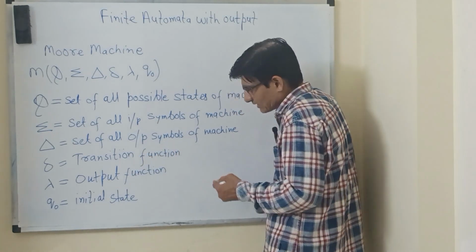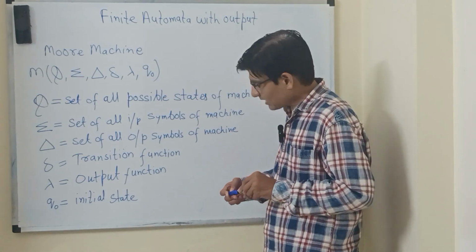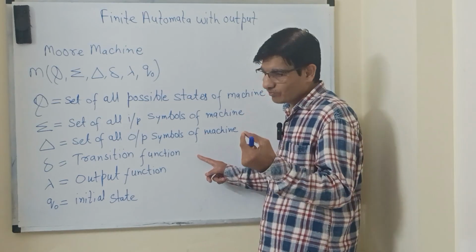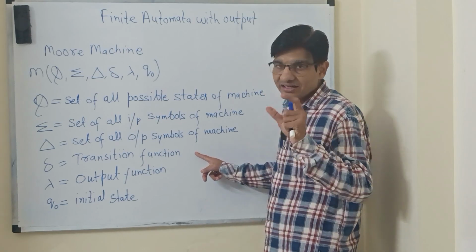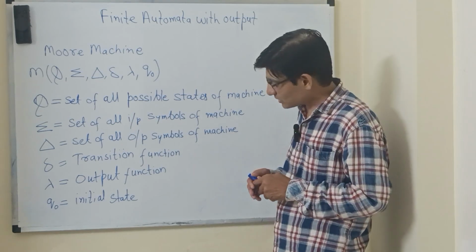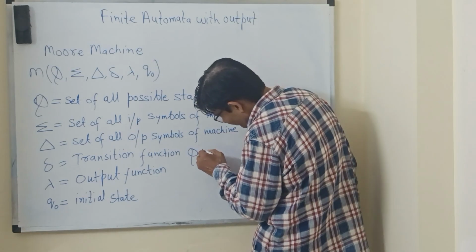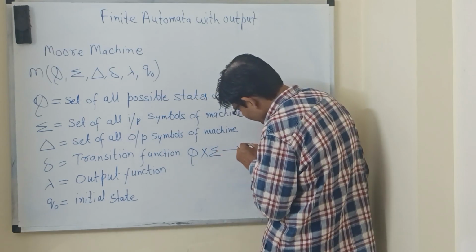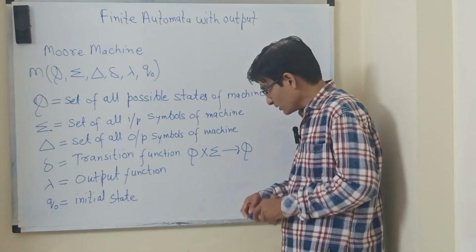In Mealy and Moore machines, or finite automata with output, we change the state based on the current state and current input symbol. So again, the transition function would be of the same kind. Q cross sigma gives Q.